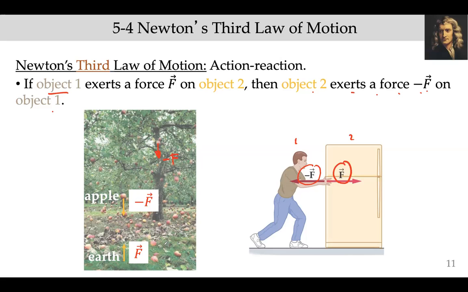The apple is also pulling the earth up, and with the same force in terms of magnitude, except it's in the opposite direction. So basically, Newton's third law: if there's a force, there is definitely another force which is the same in magnitude, but in the opposite direction.